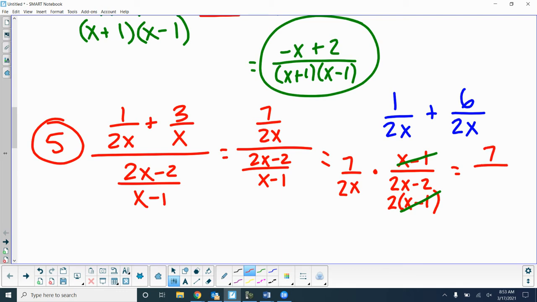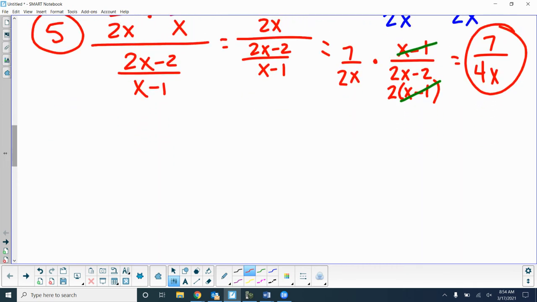And the bottom is 2x times 2, which is 4x. So way over here on the left is what it started out being. We simplified that to 7 over 4x. Any questions? Simple, isn't it? Very easy, right, Grace? Good.